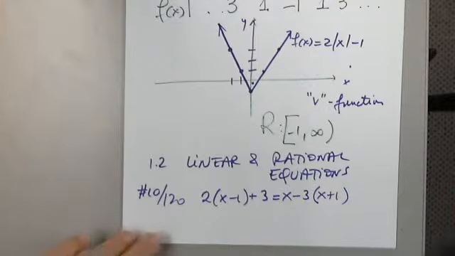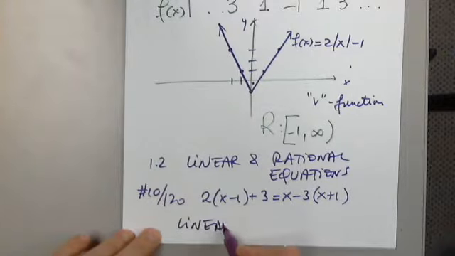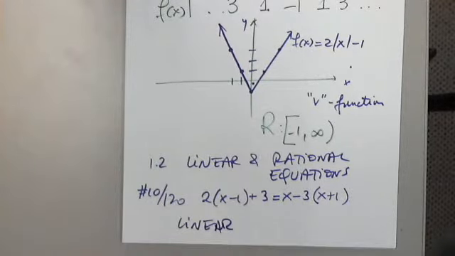This is indeed a linear equation. How do I know? It's because x has power 1. There are no products of variables, x times y. And there is no x in the denominator. So condition number 1, all powers for x are 1.